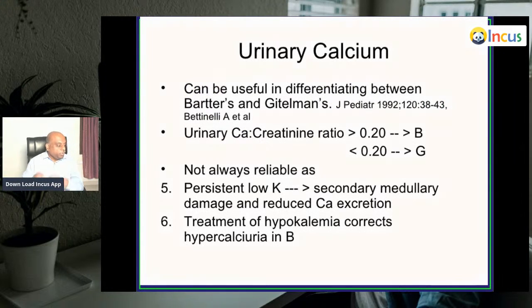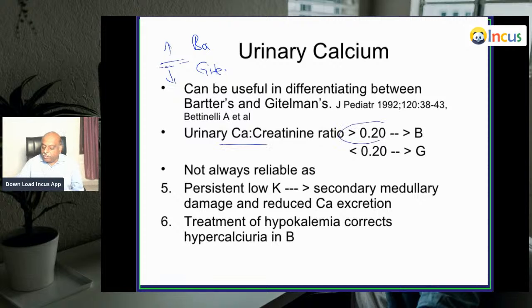So, urinary calcium is most important. Urinary calcium is most important thing to differentiate Bartter and Gitelman. Urinary calcium high, then what do you say? Bartter. Urinary calcium low, then you say Gitelman. Similarly, urinary calcium to creatinine ratio.